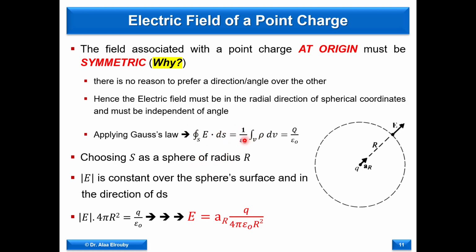So the electric field multiplied by the area of the sphere equals Q divided by epsilon naught. So E equals Q, the total charge enclosed by the surface, in the direction a_r, divided by 4 pi epsilon naught r squared. 4 pi r squared is the surface area of the sphere, and the right hand side equals the total charge divided by epsilon naught, and the direction from symmetry must be in the direction of a_r.